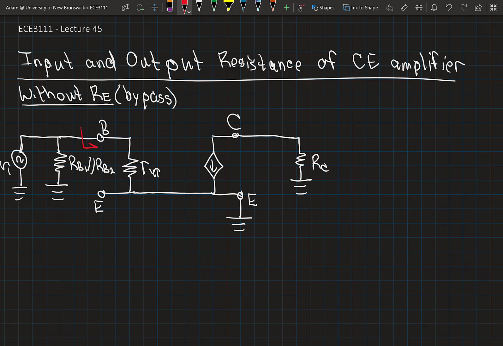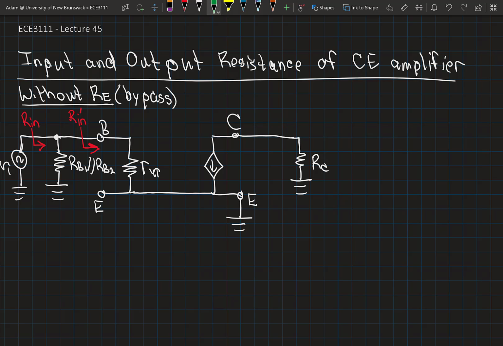I'm going to look at the input resistance from a couple of different perspectives. One is right at the base of the circuit, and I'm also going to evaluate the input resistance, maybe we'll call this R in, from the perspective back beyond the bias resistors, RB1 and RB2, because those are going to impact the input resistance from the perspective of the small signal source that's applied.